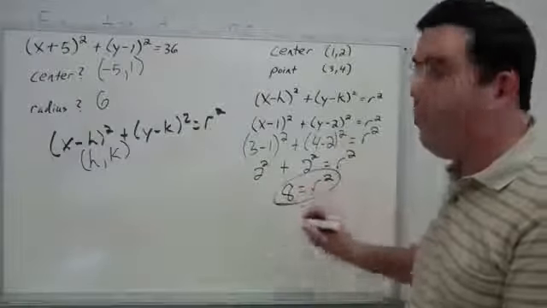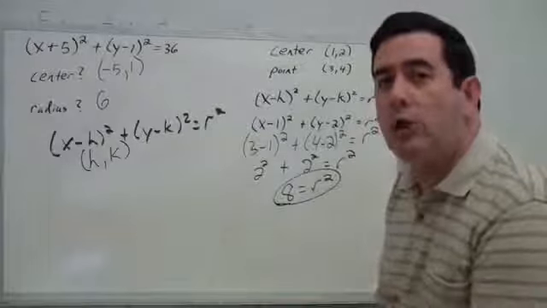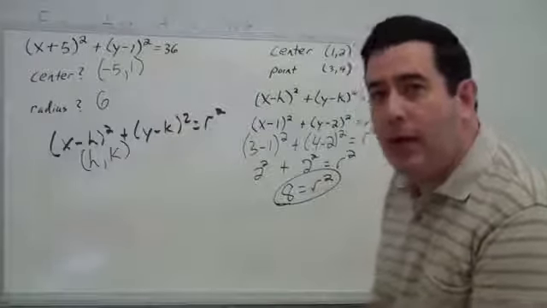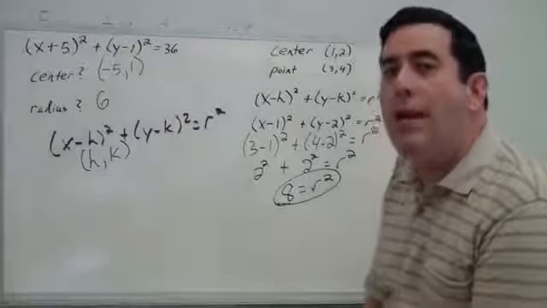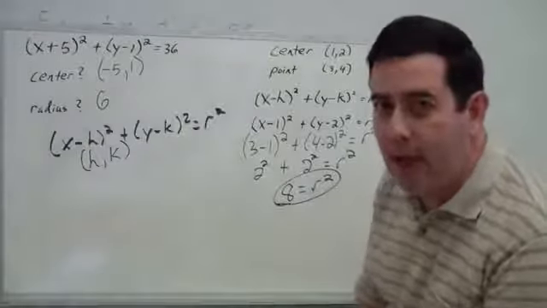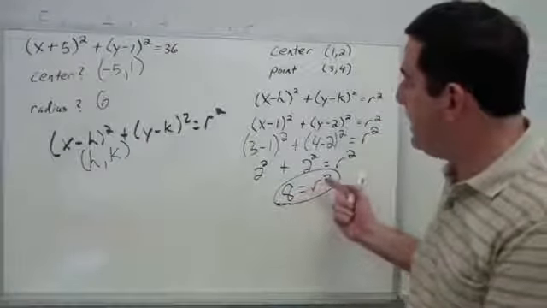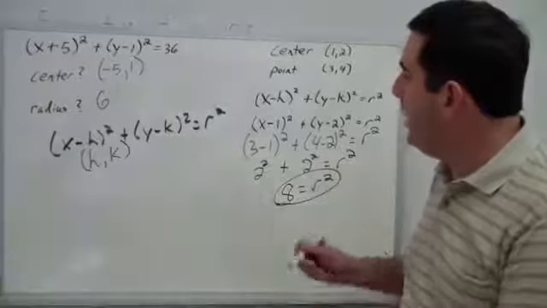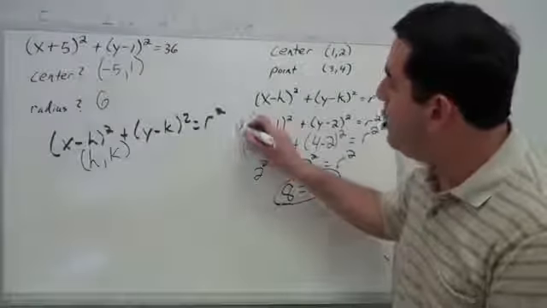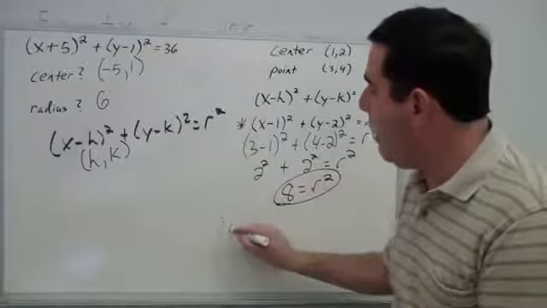Now be careful, we've not yet answered the question. If we're trying to write an equation of the circle, we need to use the center along with this radius being squared. So let's go back up the page and write our equation.